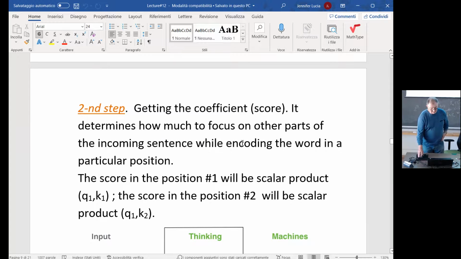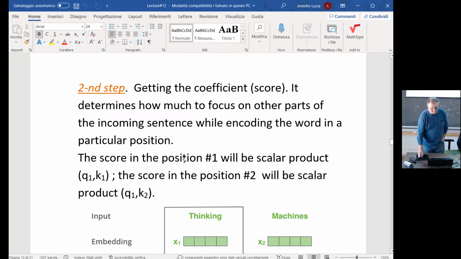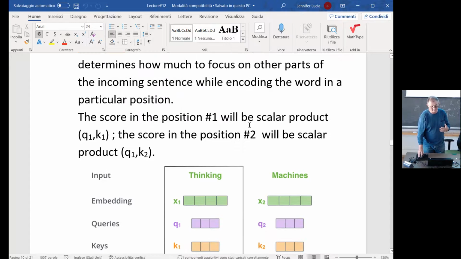It determines how much to focus on other parts of the incoming sentence while encoding the word in a particular position. So, taking a word in a particular position, for example, it, we make some estimation, our score, for all the words, which reflects the grade of importance for the word in a certain position.